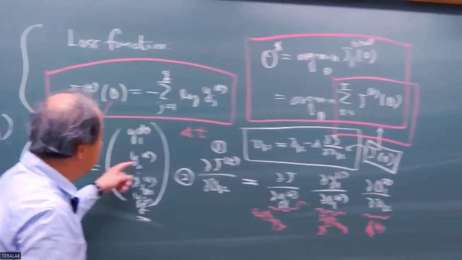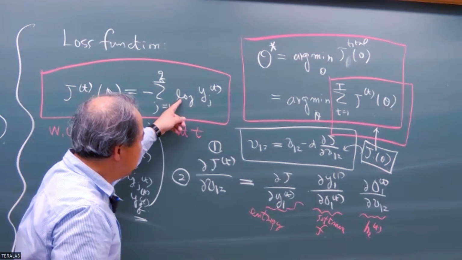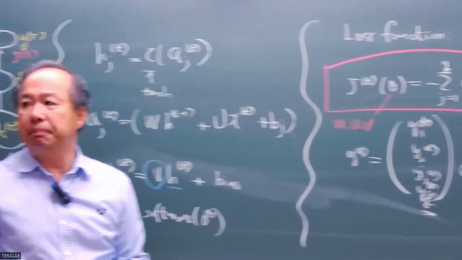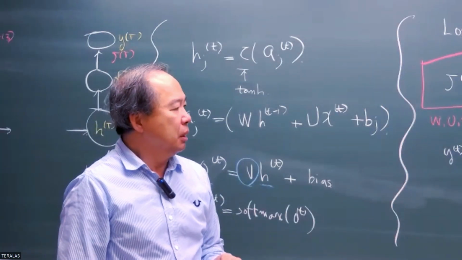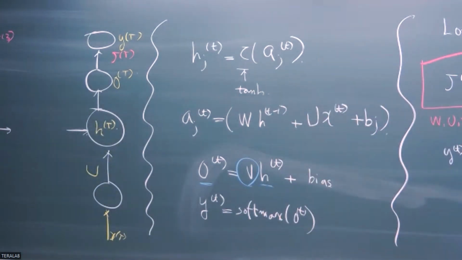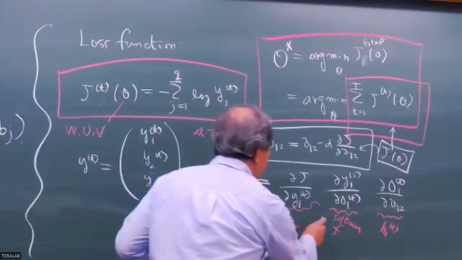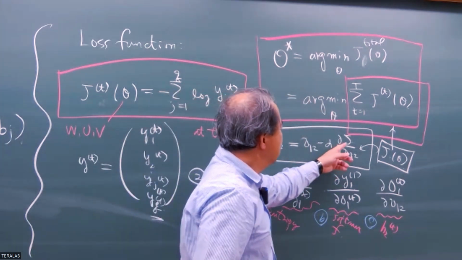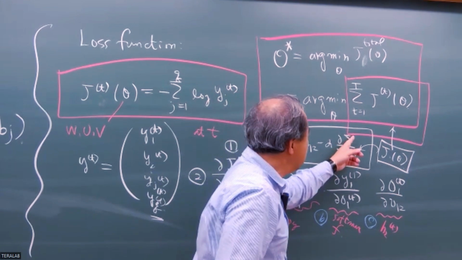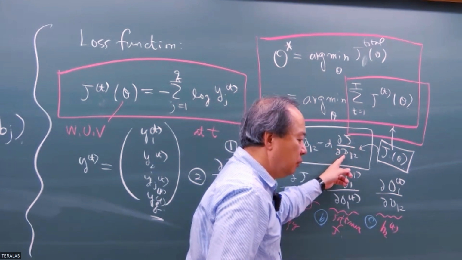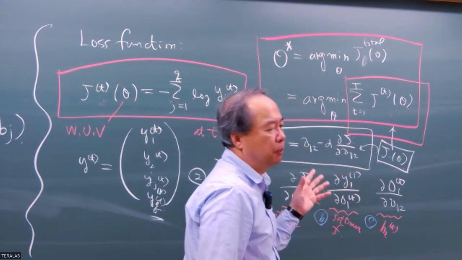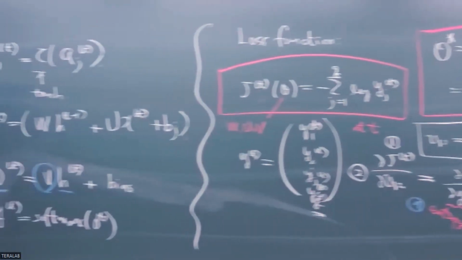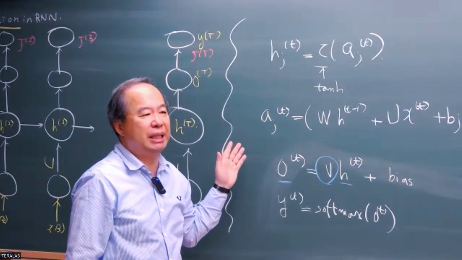The output sequence and loss function is entropy. So this is the simplest case. If you obtain all these equations, A, entropy, softmax, and C, then we have the derivative of the loss function at time step T with respect to vector element V1,2. Of course, we have to sum them from time step 1, 2, 3 up to the terminal T.